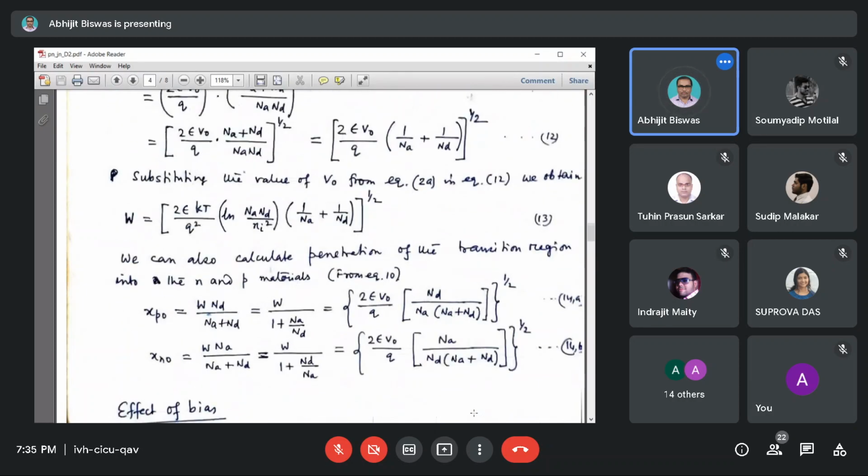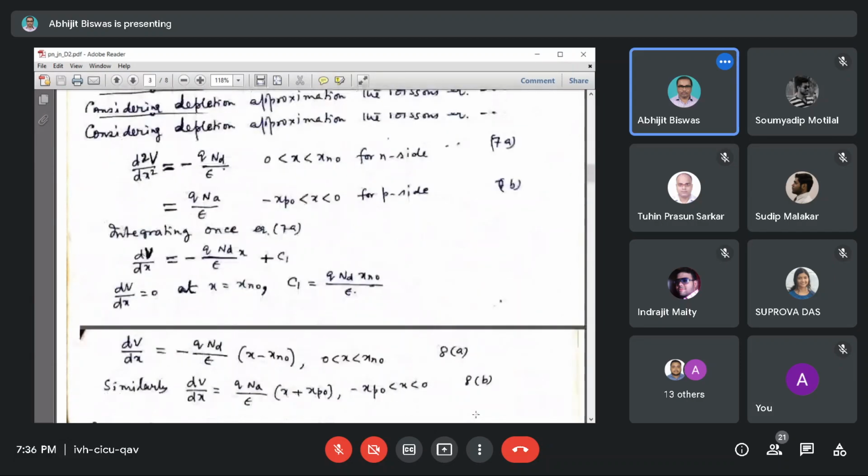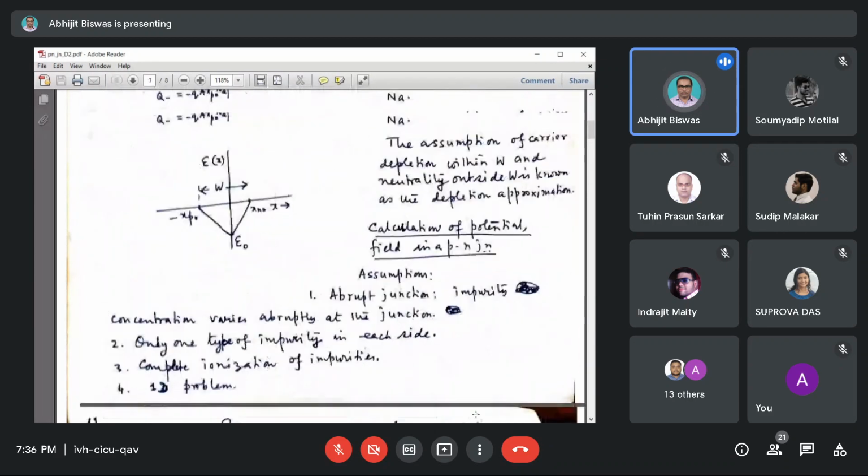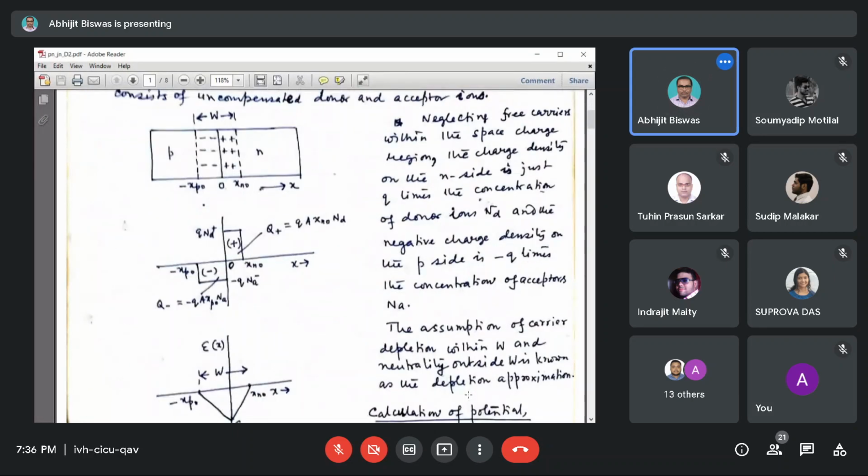So now, if you have any question regarding this transition region, depletion region, contact potential, you can ask me. One thing I would like to ask: in my previous talk, have I discussed the computation of this built-in potential?